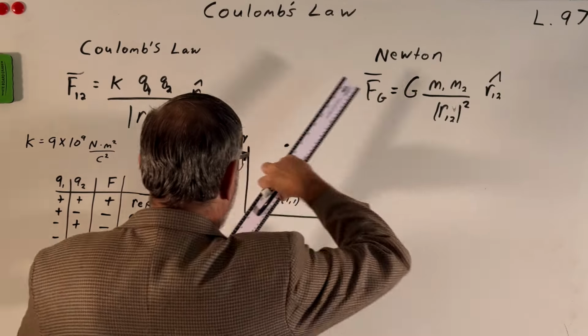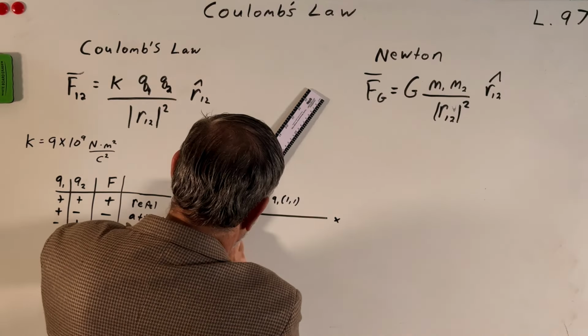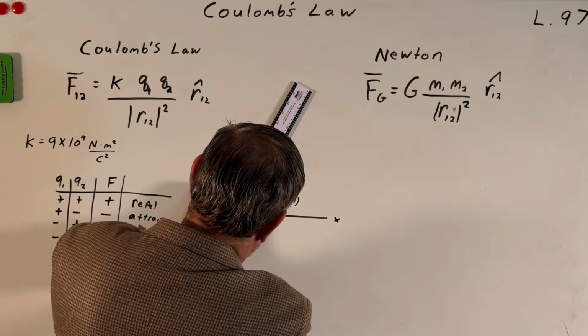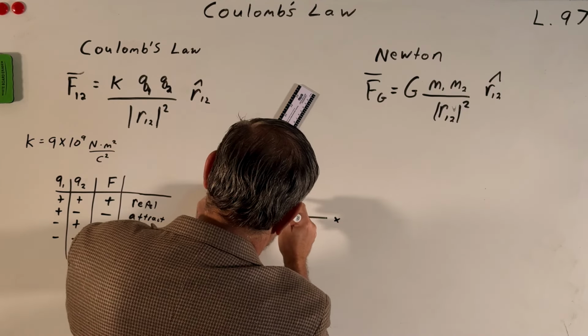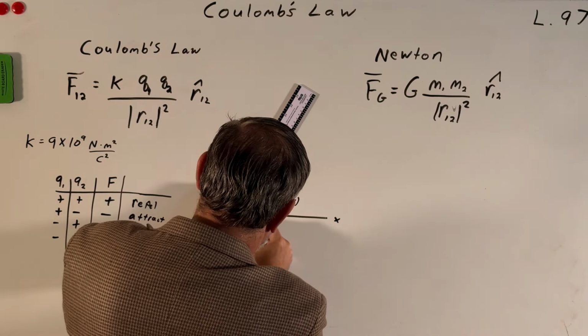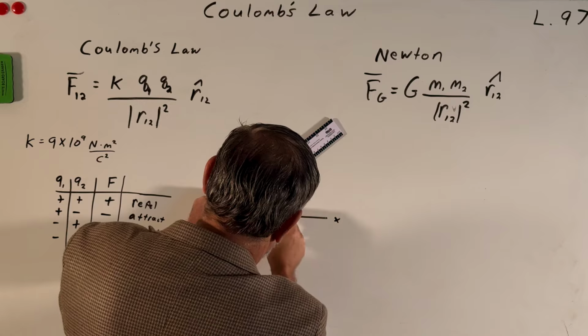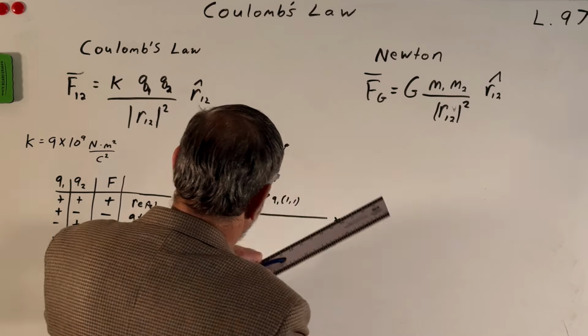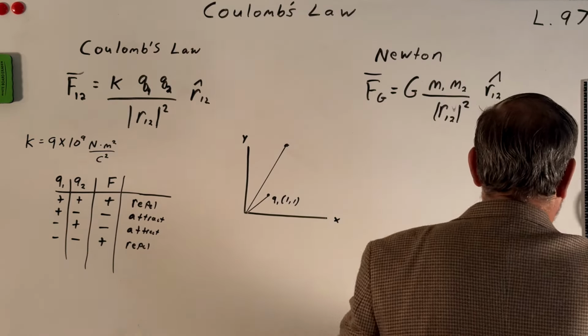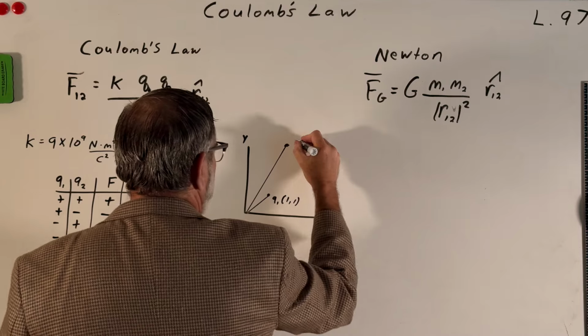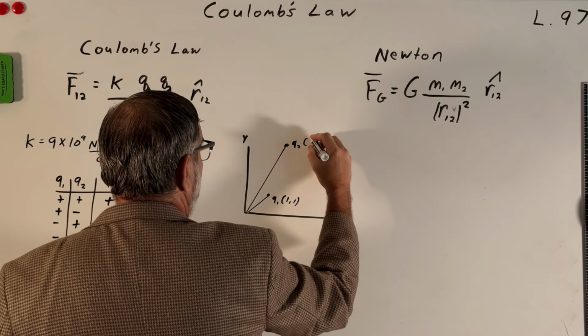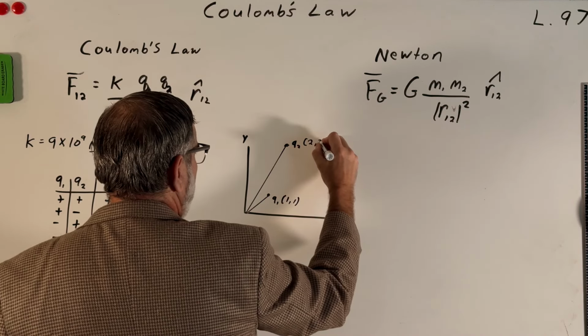And we need to draw a line from the origin here. And this will be Q2, located at 2, 3.